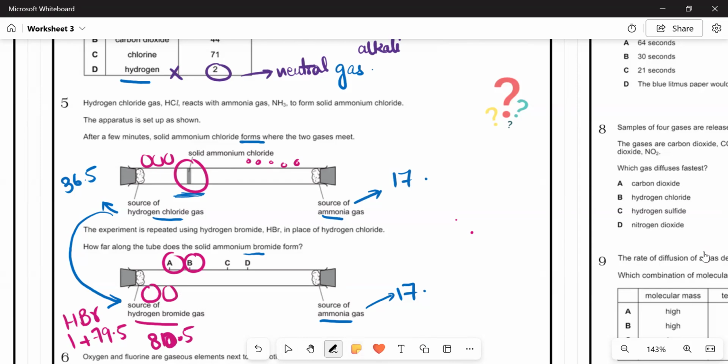So the product will form at A. A is the correct answer because the particles of hydrogen bromide will move much slower as compared to hydrogen chloride. They will move just a little distance, and ammonia particles zoom very quickly. They will cover the distance very quickly, and they both will meet here and form the product at A. I hope you get it.